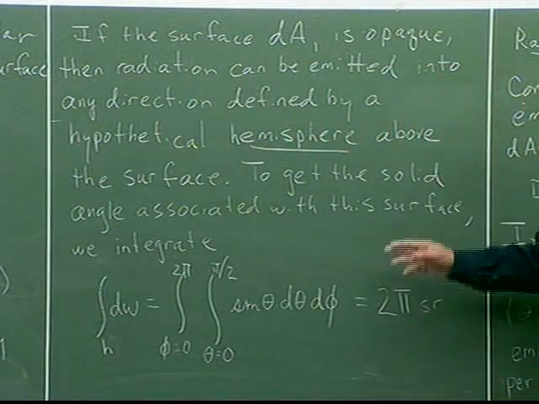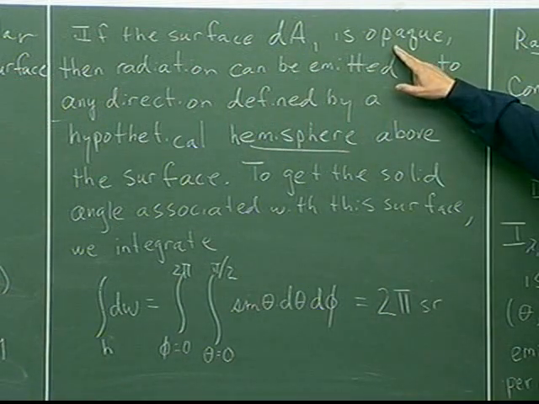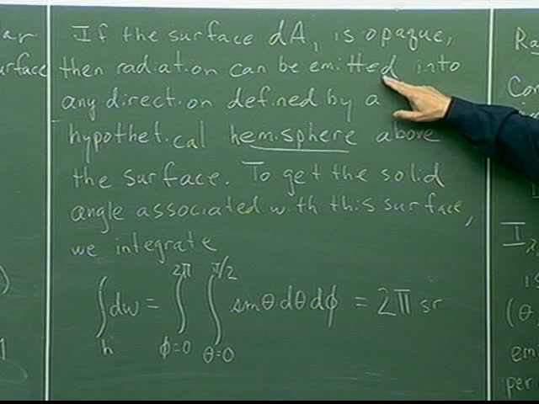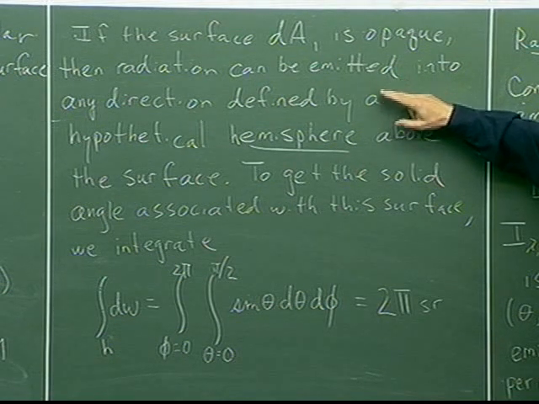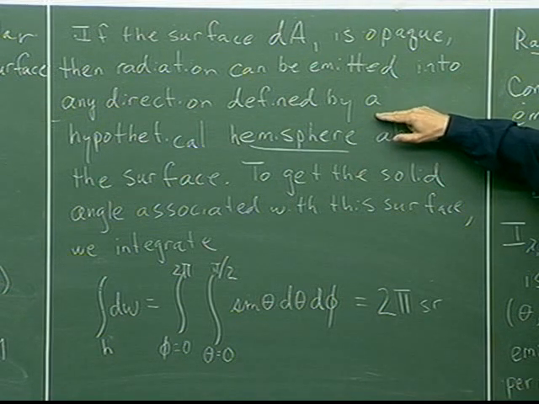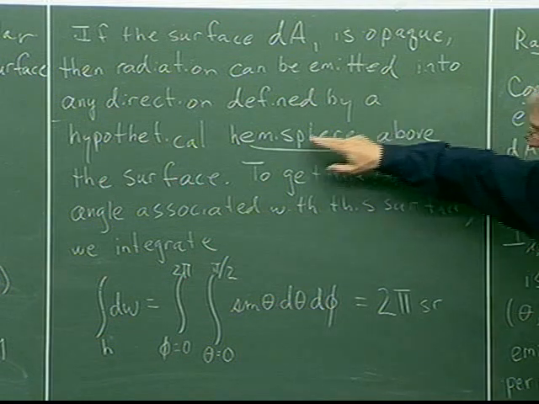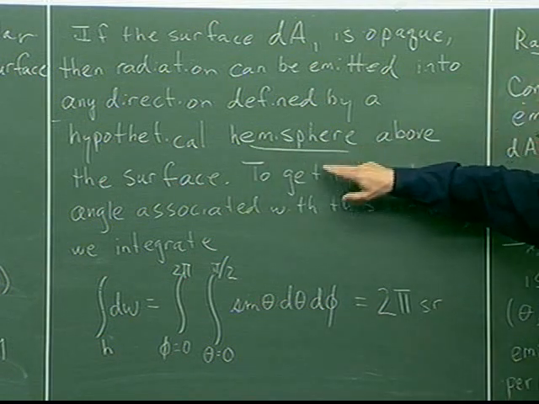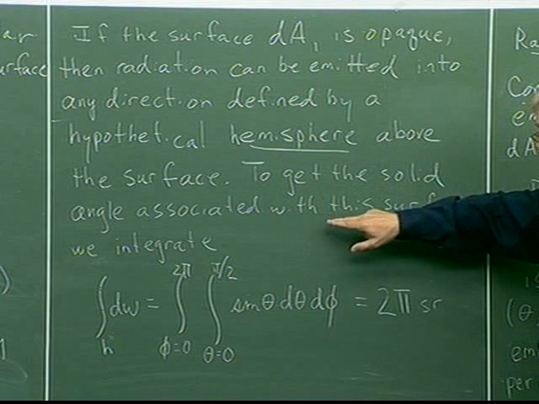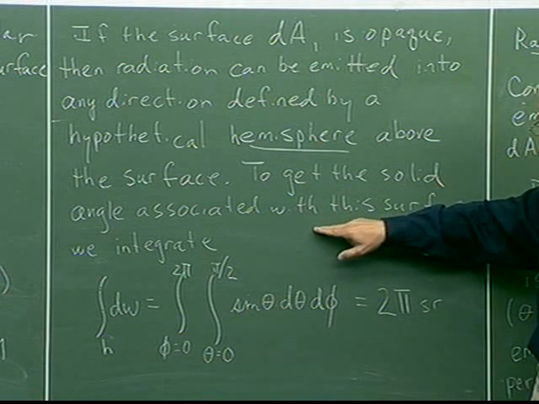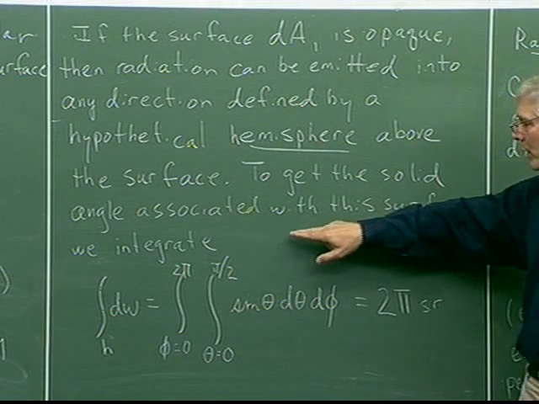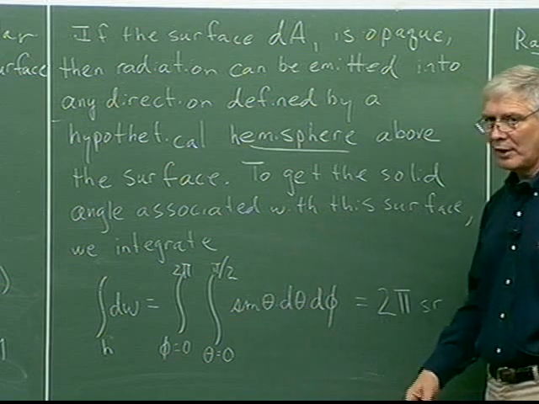If the surface area dA1 is opaque, then the radiation can be emitted into any direction above that surface into what's called a hypothetical hemisphere above the surface. So to get the solid angle associated with this surface, we integrate over the entire hemisphere.